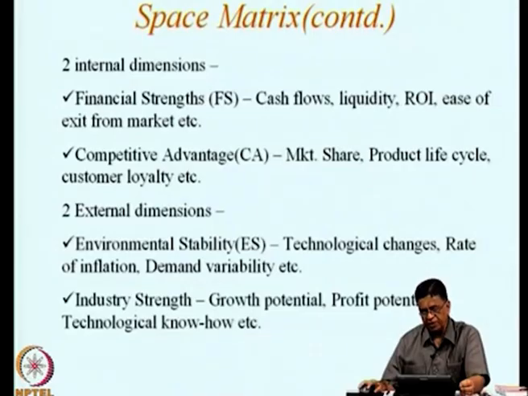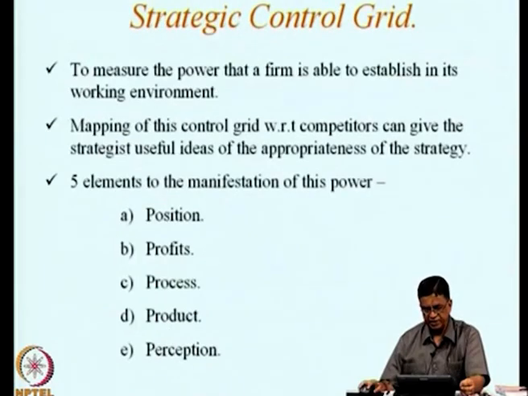Then the competitive advantage takes into account the market share, product life cycle, customer loyalty, etc. Then the two external dimensions are environmental stability, that is the technological changes, the rate of inflation, demand variability, etc. Then the industry strength, that is the growth potential, profit potential, then the technological know-how, etc.